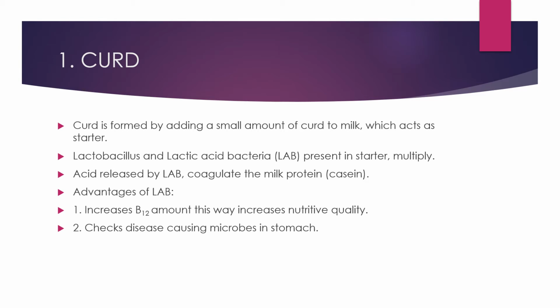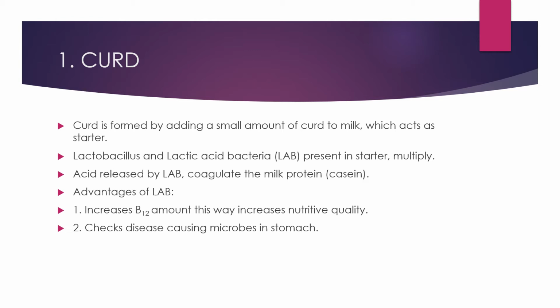This LAB, the lactic acid bacteria, is very useful, and that is why I said in the beginning that curd is very good for health, because it contains the LAB bacterium. So what does this LAB do? Number one, it increases the B12. What is B12? That is a vitamin. Vitamin B12 amount is increased in the curd, and this way it increases the nutritive quality of the curd.